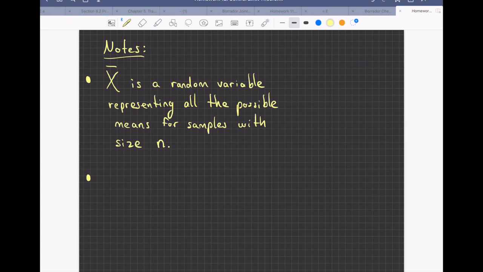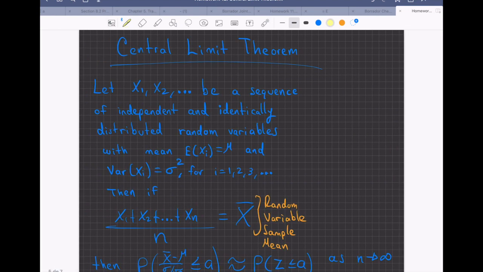Next, the expected value of the means turns out that it's the same as the mean for all the random variables. When I say sequence of independent and identically distributed random variables, I mean that all the random variables x1, x2, x3, and so on, have the same mean and the same variance.